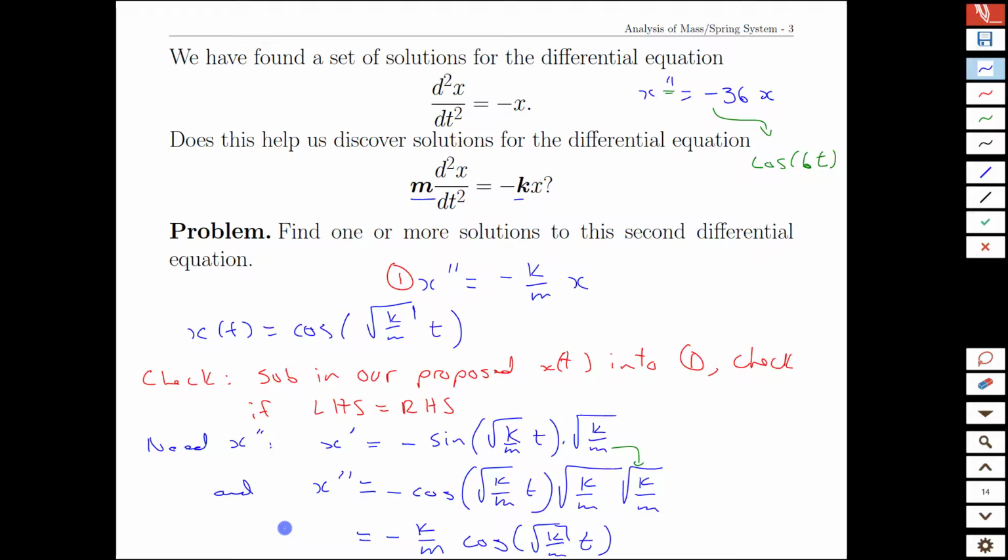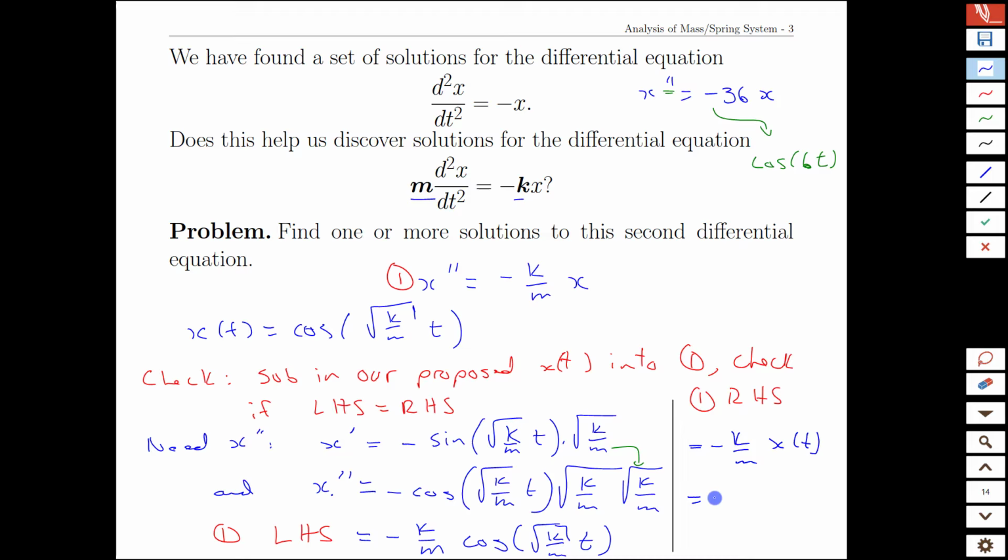So that's our left-hand side of our equation, actually. The left-hand side is equal to x double prime, and that equals all this. Compare and contrast with the right-hand side of equation 1. Well, that's equal to negative k over m times x.